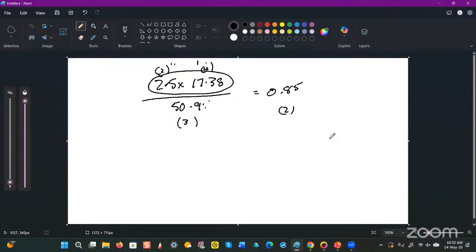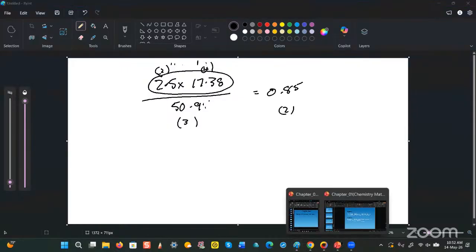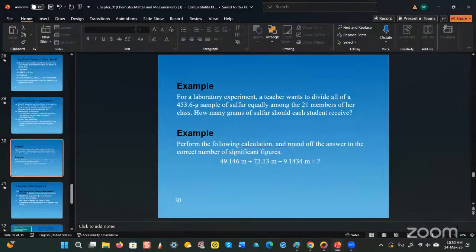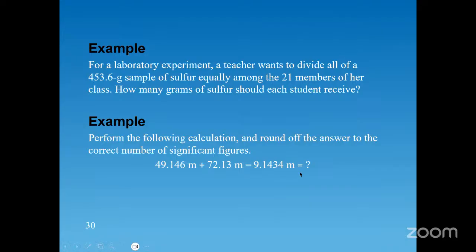All right? Okay, let me go back to the PowerPoint. So that was the first example on that page. Now for the next one, it says, perform the following calculations and round off the answer to the correct number of significant figures. So remember we said that for addition and subtraction, we round off your answer to the lowest number of decimal places, exactly.